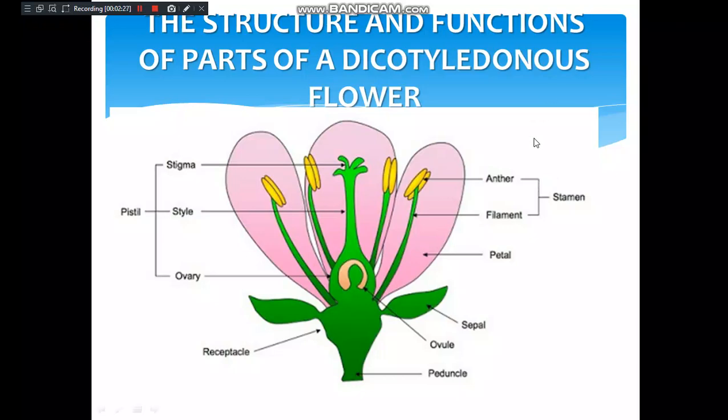which we call the stamen. And then we also have the sepal, the stalk, and the petals of the flower. These are the petals of the flower.